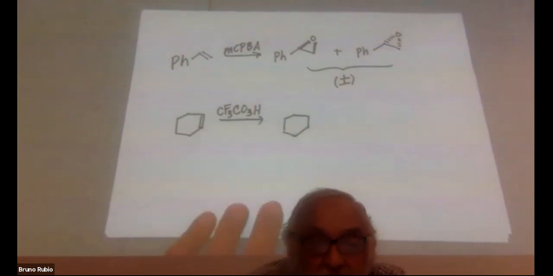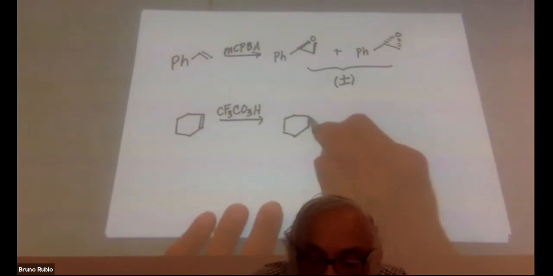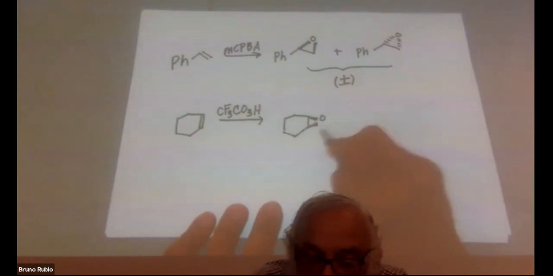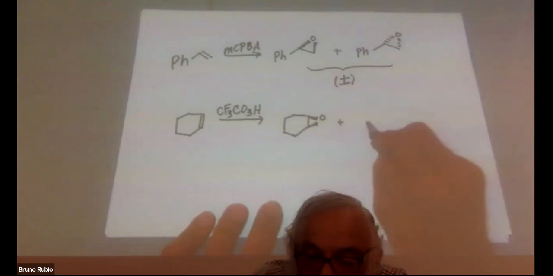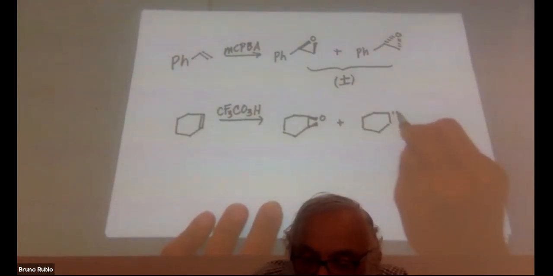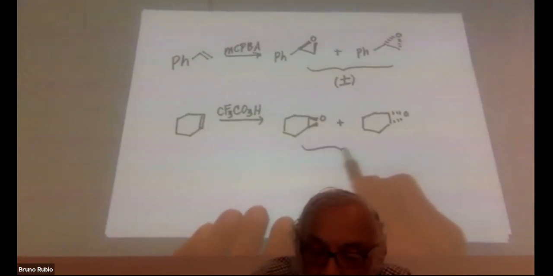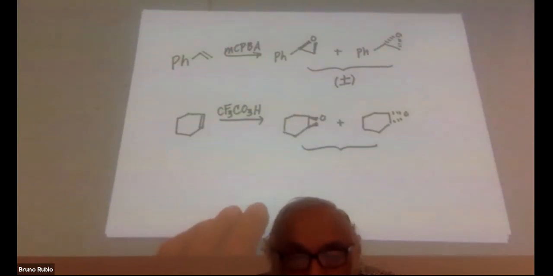But this guy, does he have a more hindered side or a less hindered side? He doesn't. So 50% of the molecules will react on the more hindered side, from the front, that's going to be wedges, and 50% of the molecules will react to place the epoxide oxygen on the less hindered side. Okay, tell me in the chat, how are these related?